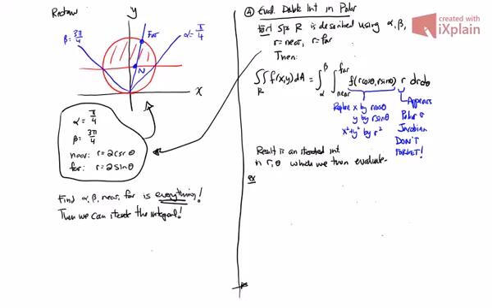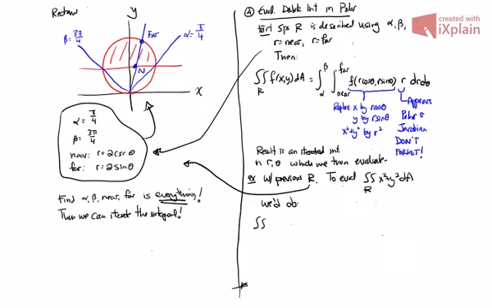So let's say with the previous picture, like this guy over here, if we wanted to evaluate the integral over R of, say, x squared plus y squared dA, we simply do the integral over R of x squared plus y squared dA. This would become pi over 4 to 3 pi over 4.